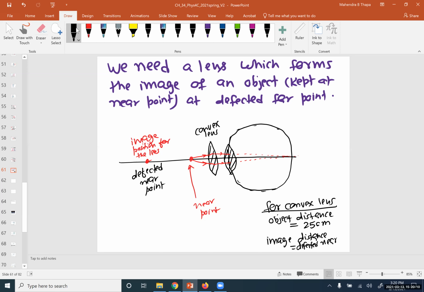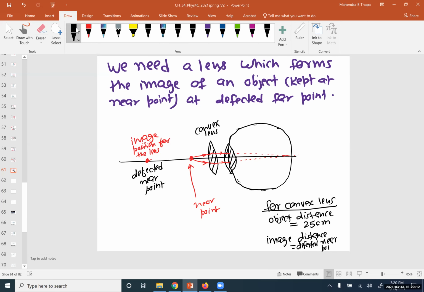If you use this concept in the lens formula, then you can find the focal length of the convex lens. This is the concept behind that.